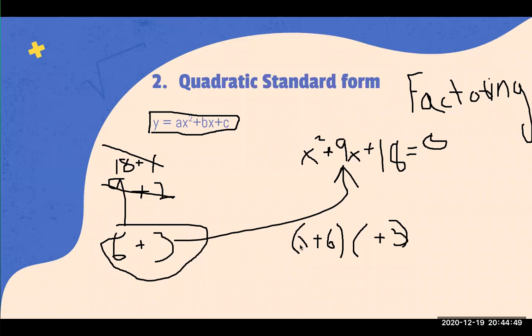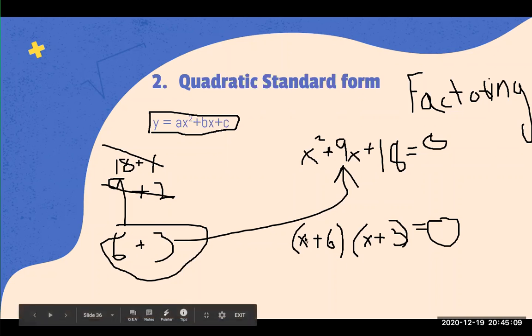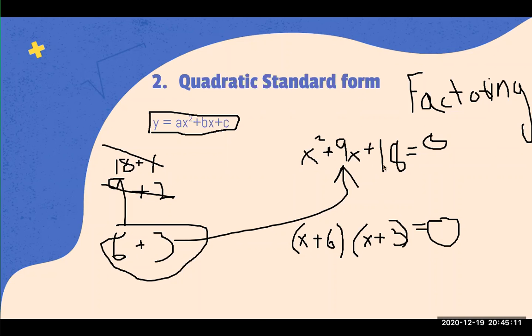We put an x over here and an x over here, and this is all equal to 0. This may seem like magic, but if you multiply these two together by using something called FOIL, which you're also going to be learning in a few minutes, then it's going to equal this. Okay, so math is just straight magic, you know.